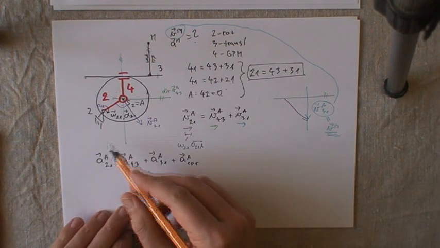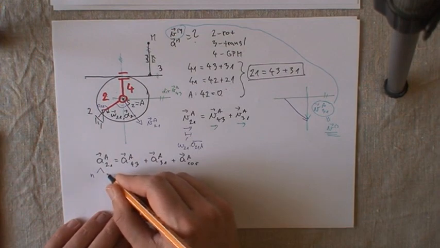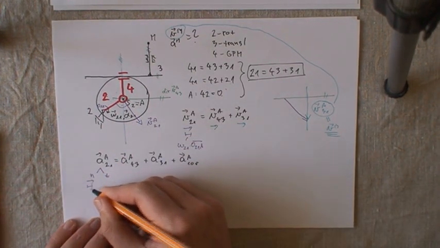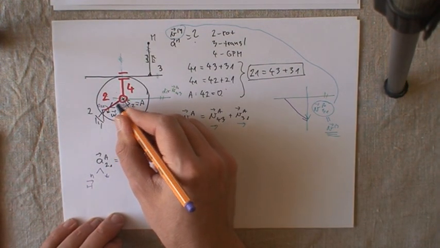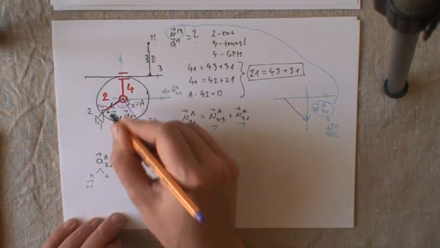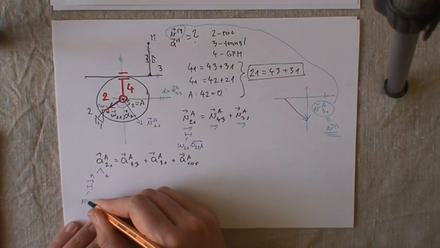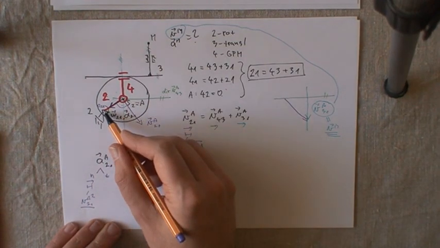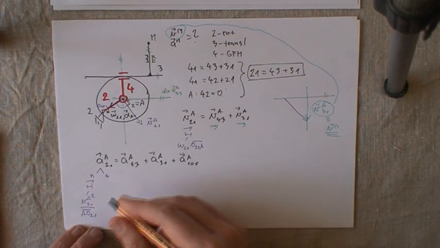So 2,1 is rotation. Therefore, it has two components, normal and tangent. The normal component is known, right? It goes from here to the center of rotation. The magnitude of the normal component is VA21 squared divided by the distance from the point to the center of rotation, that is AO21.